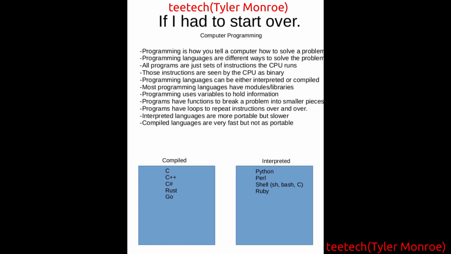Examples of those are Python and Perl, in Linux and BSD, and now in Windows a little bit. There's Shell. You have different command interpreters like SH, Bash, or C Shell, and you can make programs with that language as well. They have the loops and all the things we talked about. There's also Ruby as well.